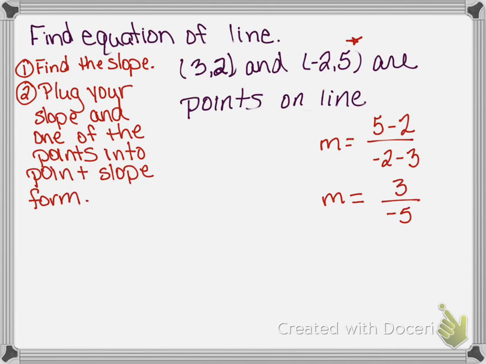Okay, so that's my second step. Okay, so here is point slope. I've got y minus y sub 1 equals m times x minus x sub 1.